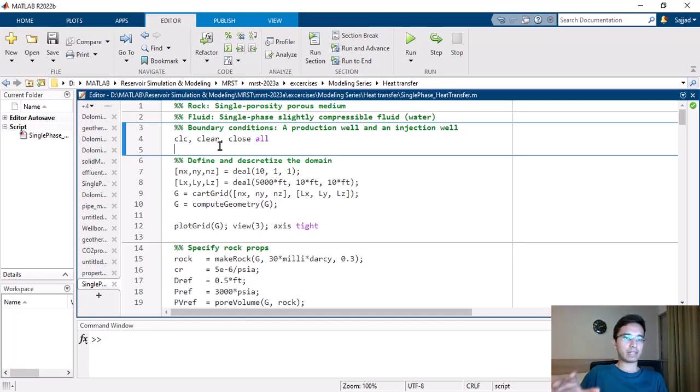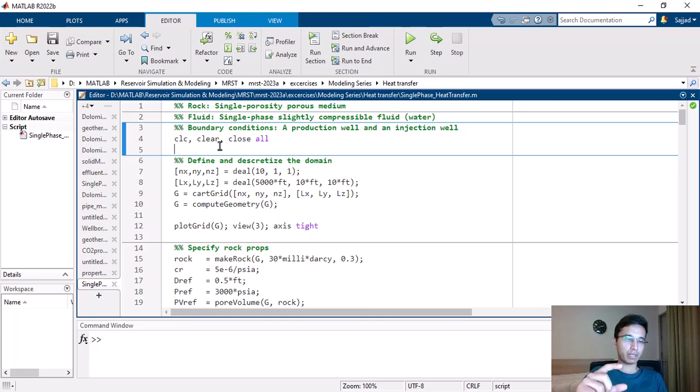The porous medium that I considered is a single porosity porous medium, so it doesn't have any fractures. And the fluid that I'm going to inject in this porous medium and also produce is water. And this water is considered as a slightly compressible fluid.